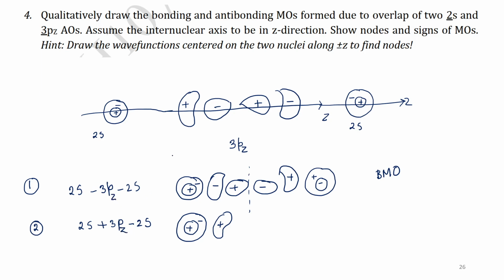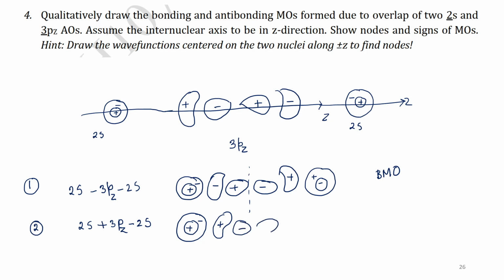I have already put my convention that my 3pz looks like this, not the minus plus plus minus. So that could be another. It depends on the convention, and that will reflect on these minus or positive signs. But you don't have to worry about this. The exercise is just to get the idea of how to draw the MOs or how to show the overlaps.